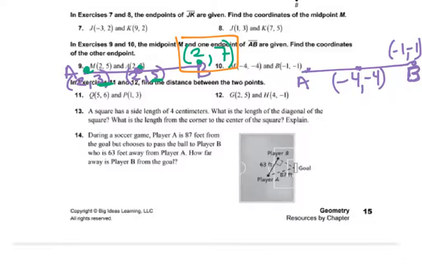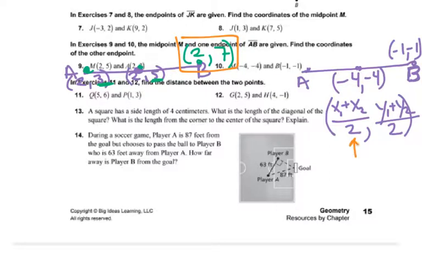Okay, our formula is x sub 1 plus x sub 2, meaning both of the x's, y sub 1 plus y sub 2, over 2. And you know that -4 is equal to both of these. These are equal to -4.